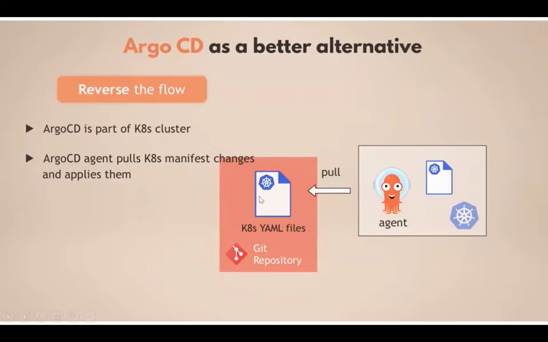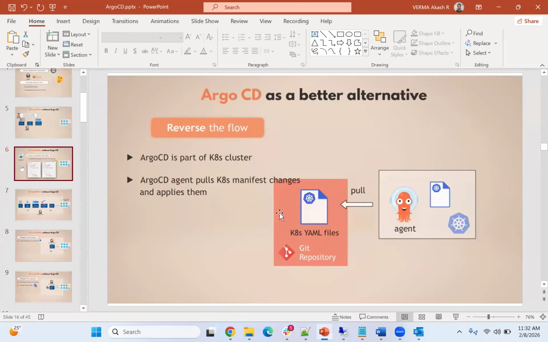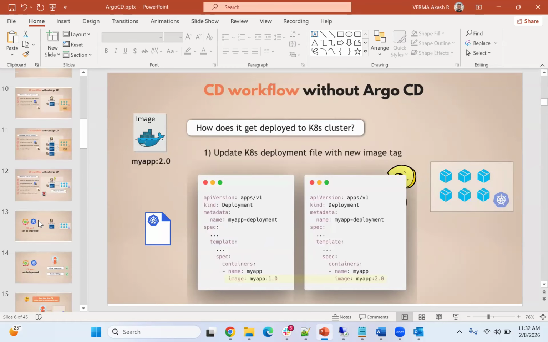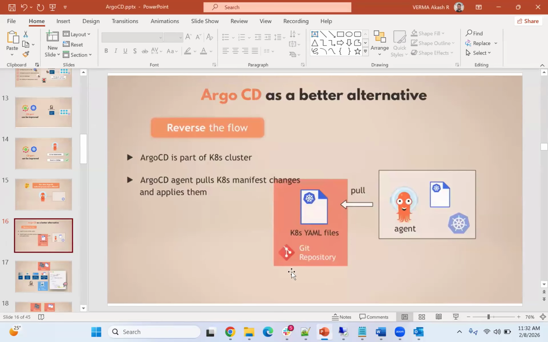Now remember, the first issue with Kubernetes was that any change in the manifest file will trigger the whole CI/CD pipeline. I don't want that. What I want is, if there are changes in the manifest file, you only apply that change. Do not run the whole CI/CD.